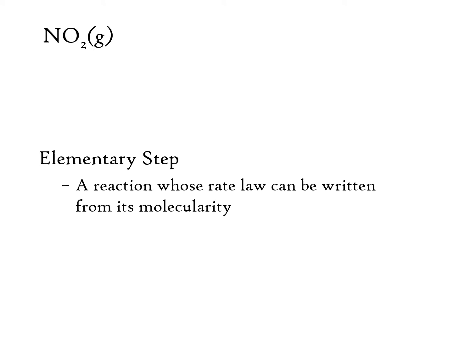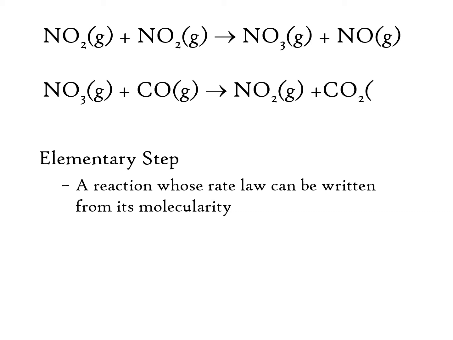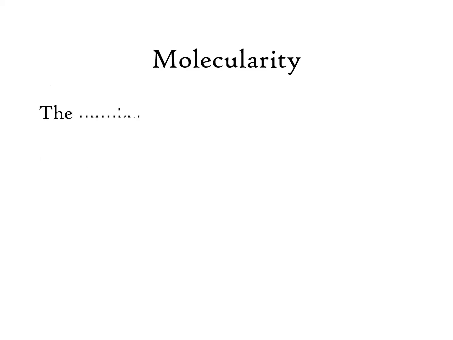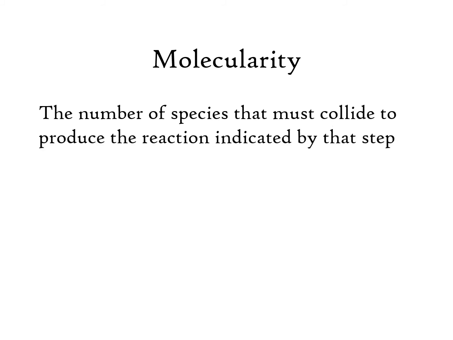An elementary step, as we saw in our last lecture, is one whose rate law can be written from its molecularity. So that's one that can be written directly from the equation. So you need to know the elementary step. The molecularity is the species that must collide to produce that reaction by that step.